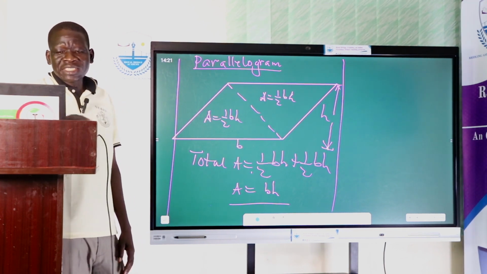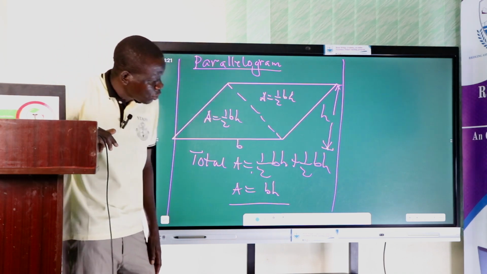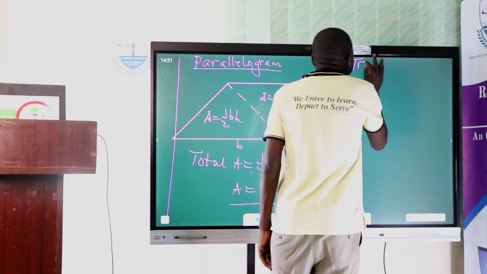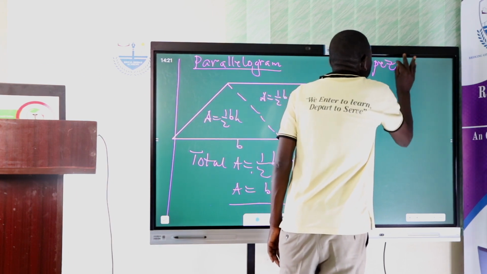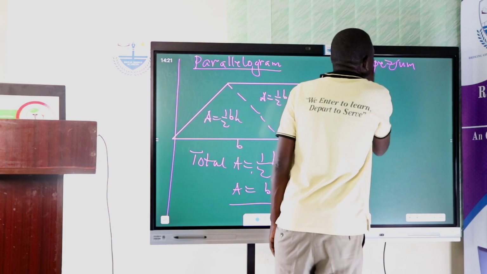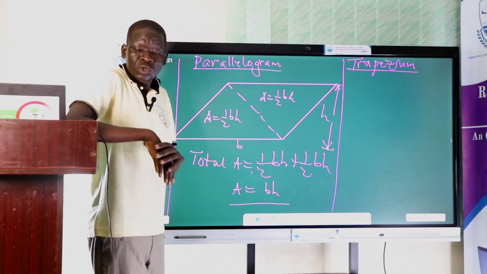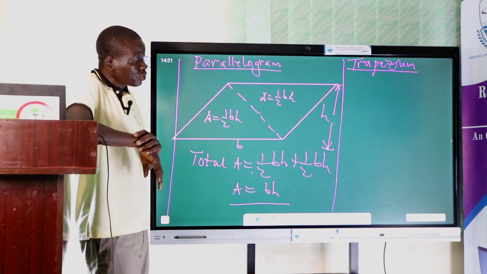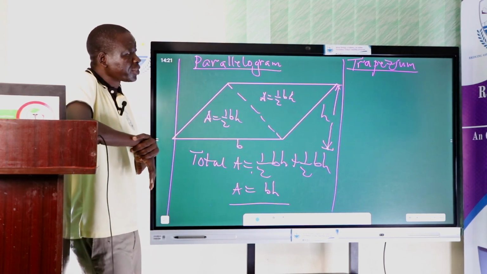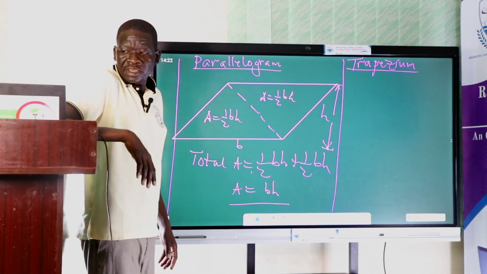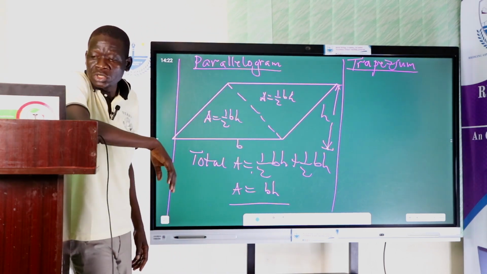We can look at another shape which we call trapezium. The trapezium is any quadrilateral. It's a quadrilateral with parallel sides not equal.